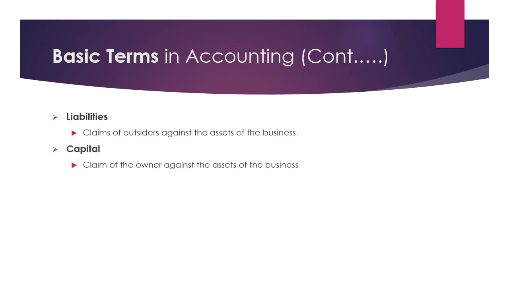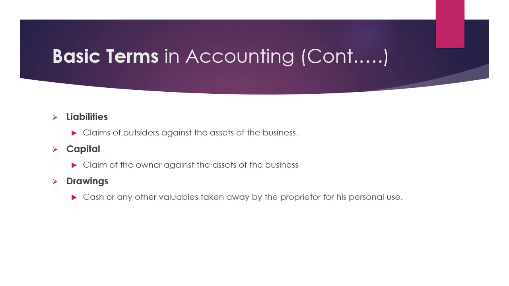Capital. Any claim of the owner against the assets of the business is termed as capital. Capital is also a kind of liability. It denotes a liability of the business towards the owner of the company. It is also referred to as the amount invested by the owner in a business.